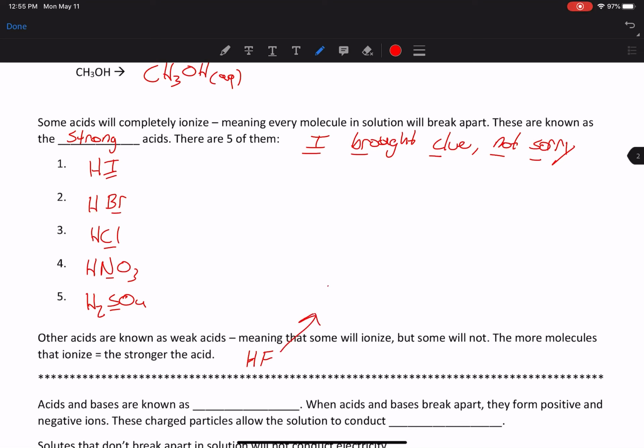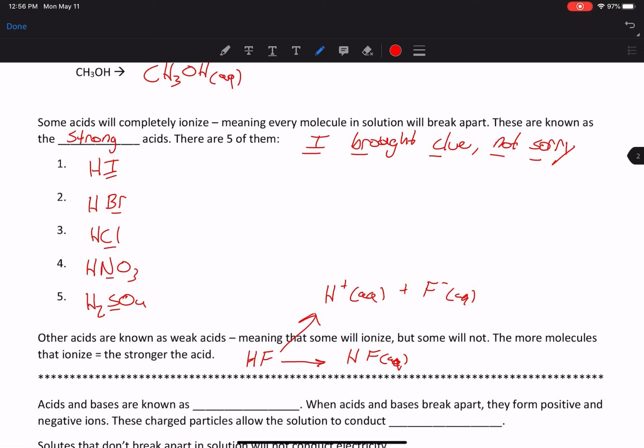One, it's either going to break apart and form H+ hydrogen ions and F- ions, but because it's a weak acid, not every single one of these HFs will break apart, and so it could just stay as aqueous HF and not break apart.